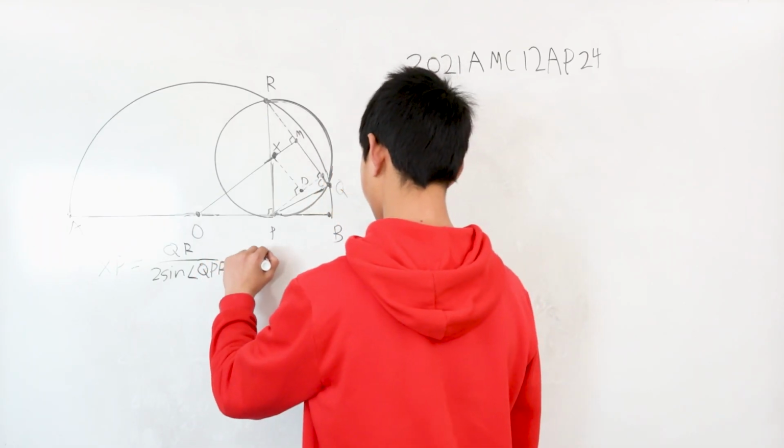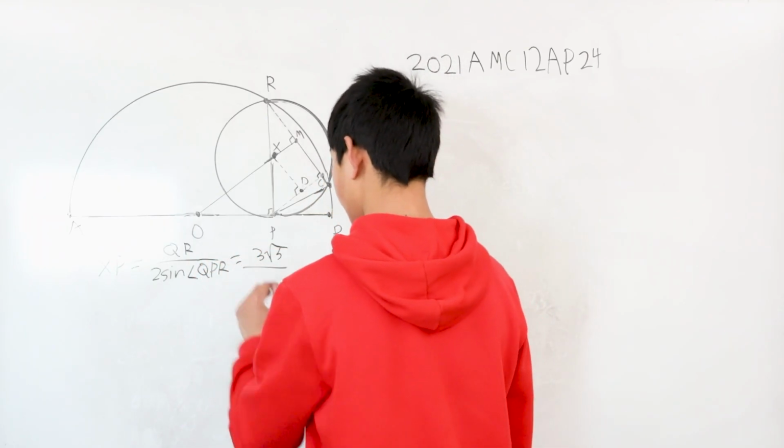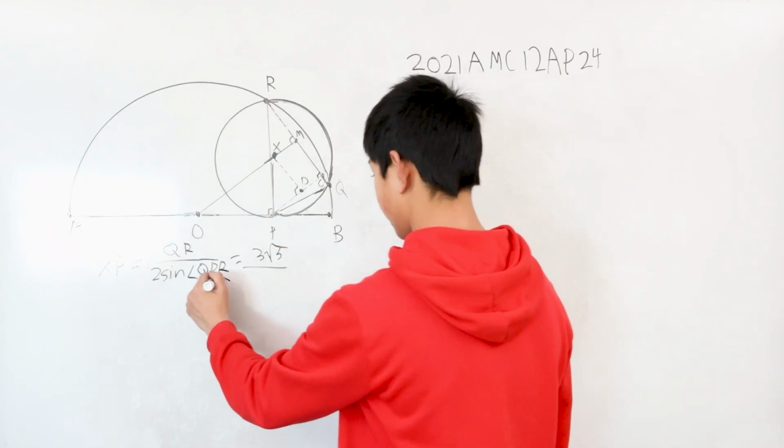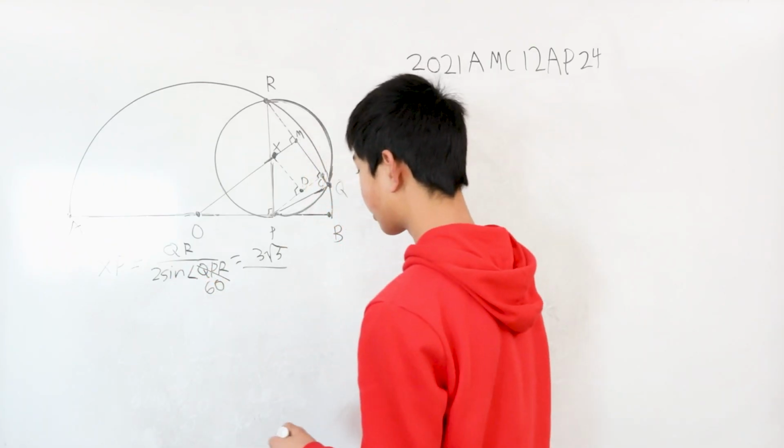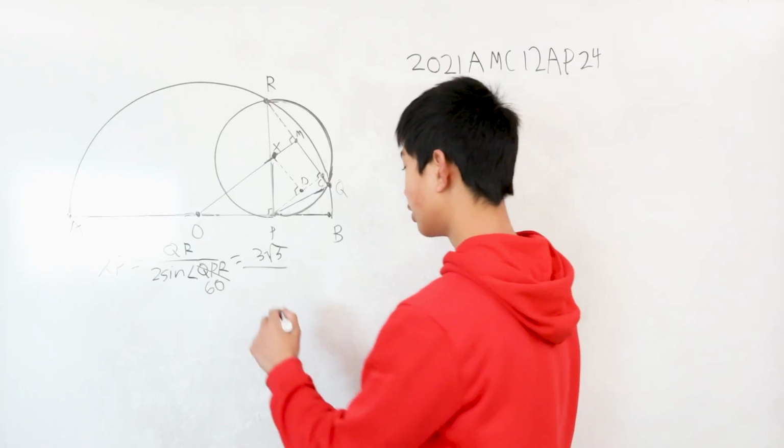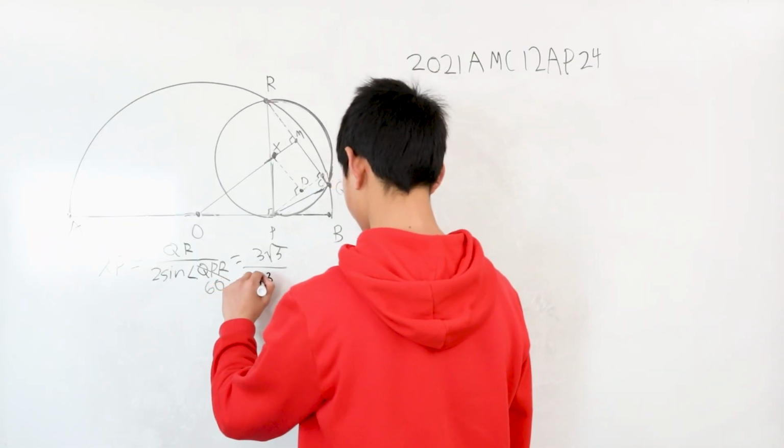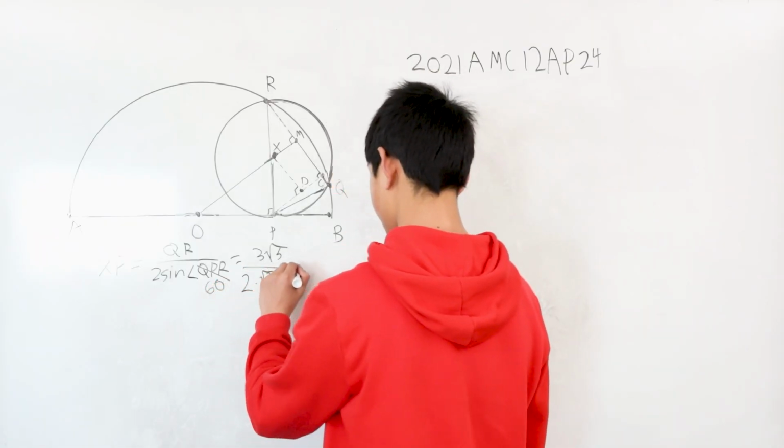QR is 3√3, and since this is just 60, sine of 60 degrees is √3 over 2. So this is 3√3 over 2 times √3 over 2, which is 3.